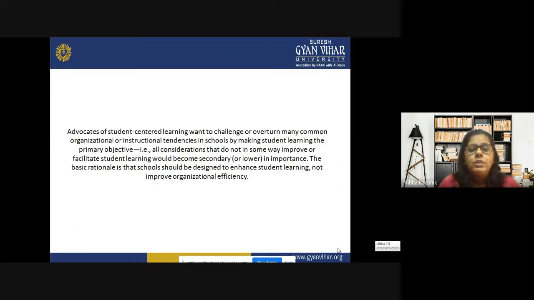Advocates of student-centered learning want to challenge or overturn many common organizational or instructional tendencies in schools by making student learning the primary objective.